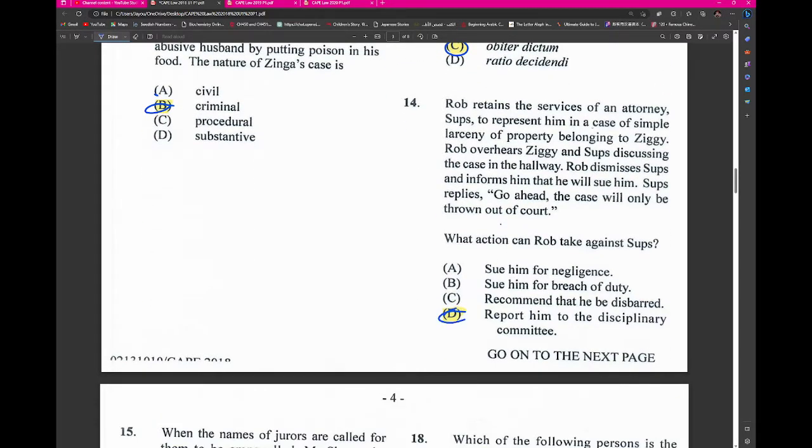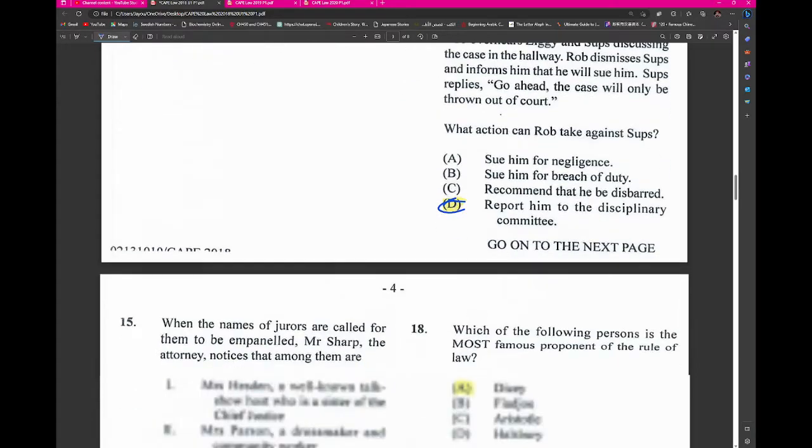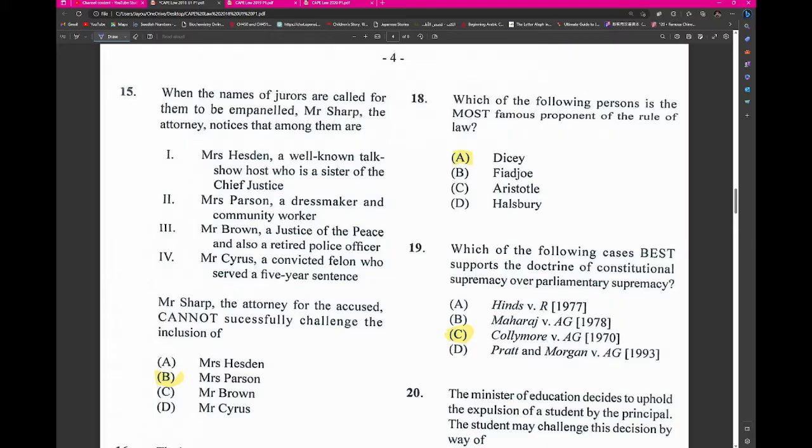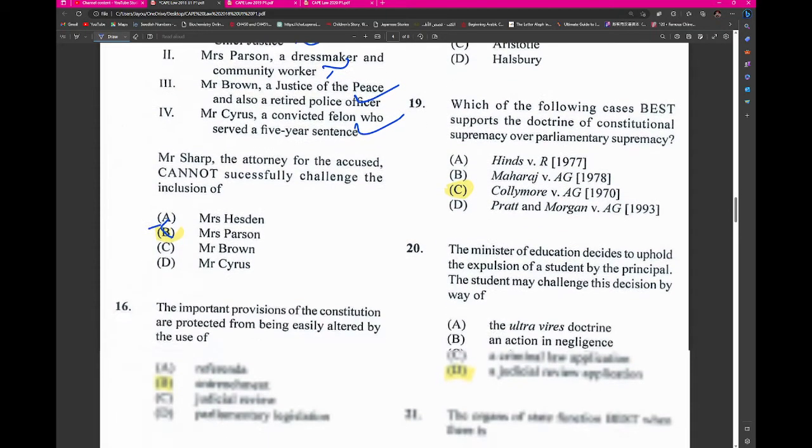What happened with Rob was that his attorney went behind his back and colluded. Therefore, there must be a report sent to the disciplinary committee. That when the names of jurors were called, they were impaneled. Okay, Mr. Sharms was saying that she wouldn't be involved. All these 3, 1, 2, and 3 could be dismissed, but you can't challenge Mrs. Parson.